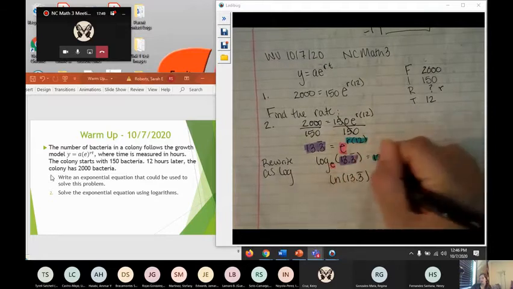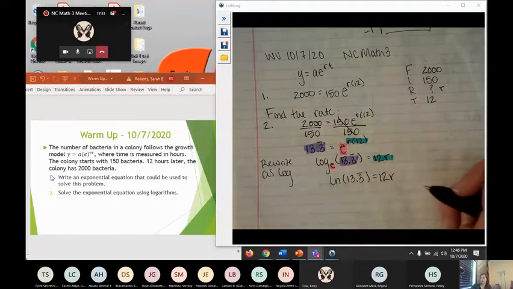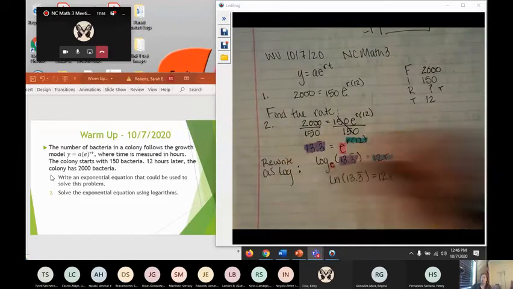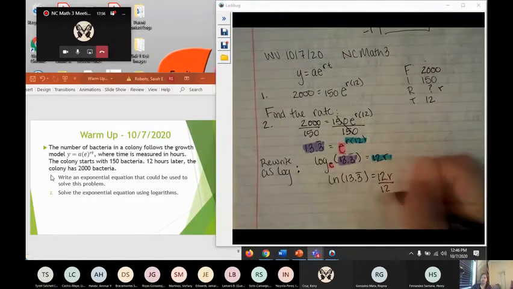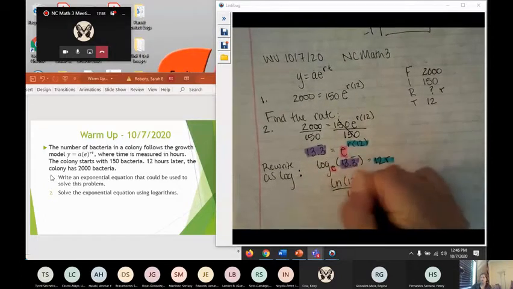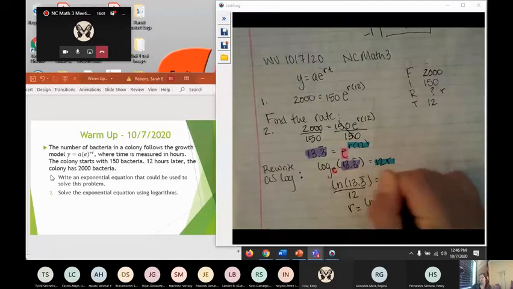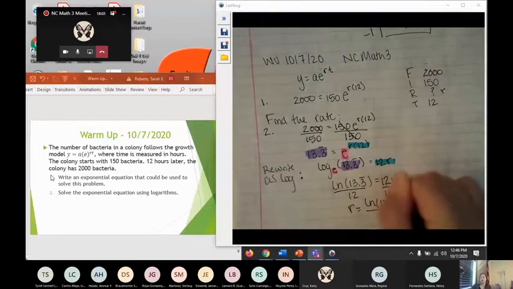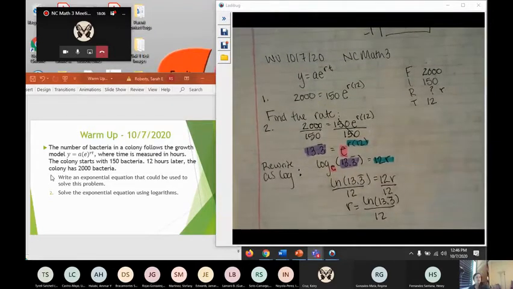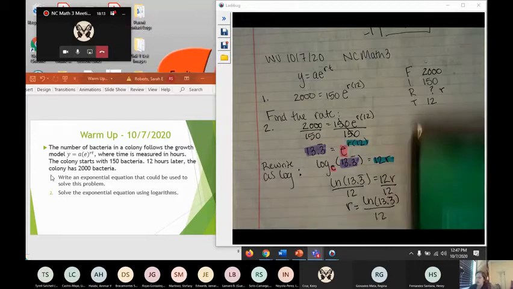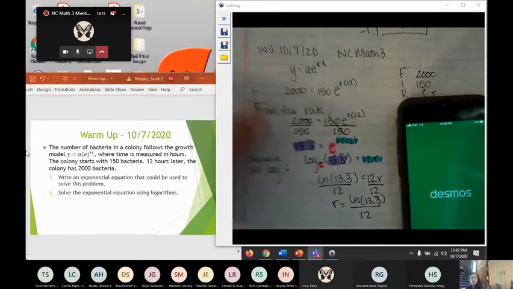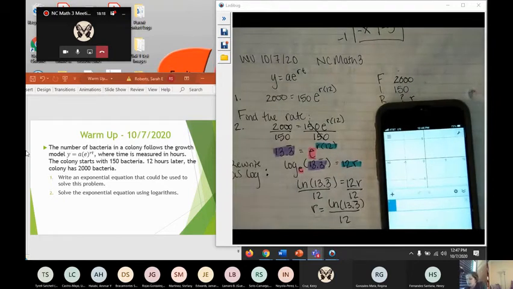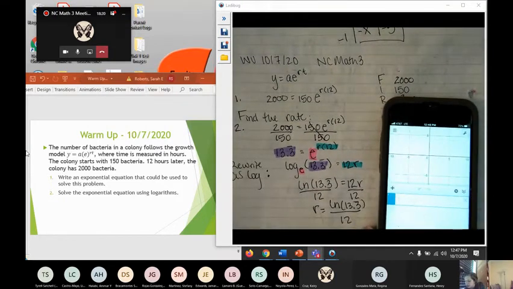Now, if we're solving for r, we would want to divide by 12 on both sides. So r is equal to the natural log of 13.3 repeating over 12. And we can solve this by putting it into Desmos. So I'm going to pull up Desmos. You could also probably use your phone calculator. We're going to type in the natural log, find it under miscellaneous.